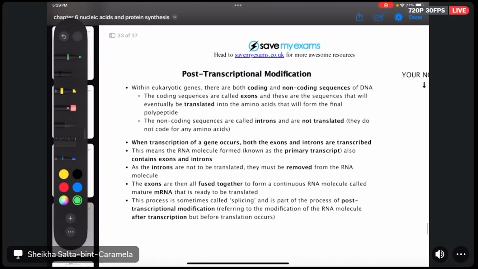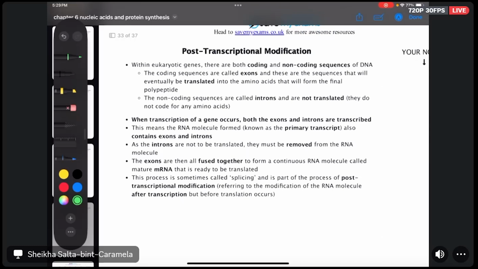Next, we have post-transcriptional modification. This happens between transcription and translation. So once the primary transcript is released from transcription, this post-transcriptional modification happens. Why does this happen? It is because eukaryotic genes have both coding sequences and non-coding sequences.